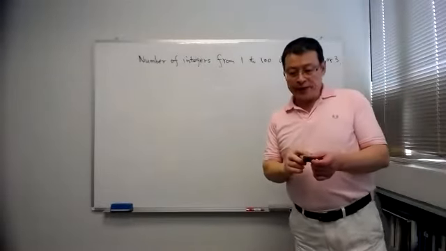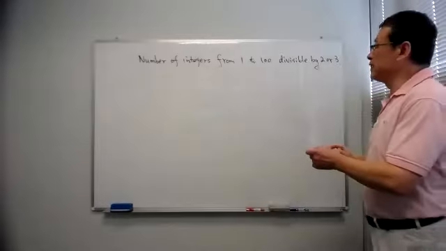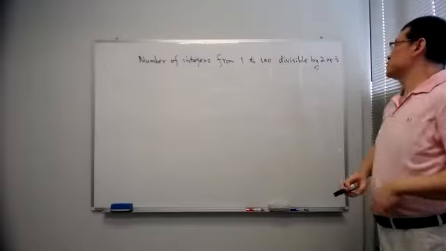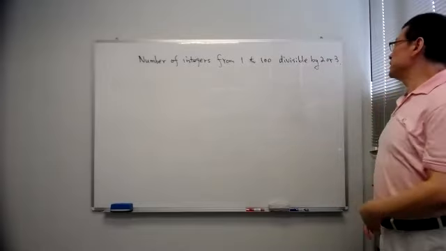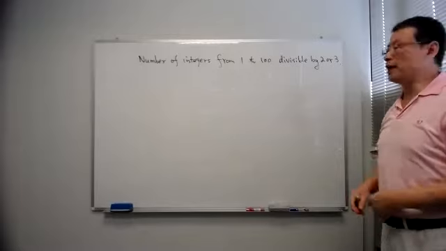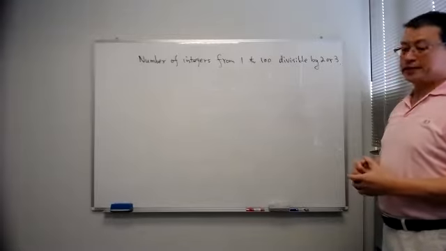Let's consider the first 100 positive numbers from 1 to 100. I want to know the number of integers from 1 to 100 that are divisible by either 2 or 3. Just a counting problem. I want to decide the size of the set.